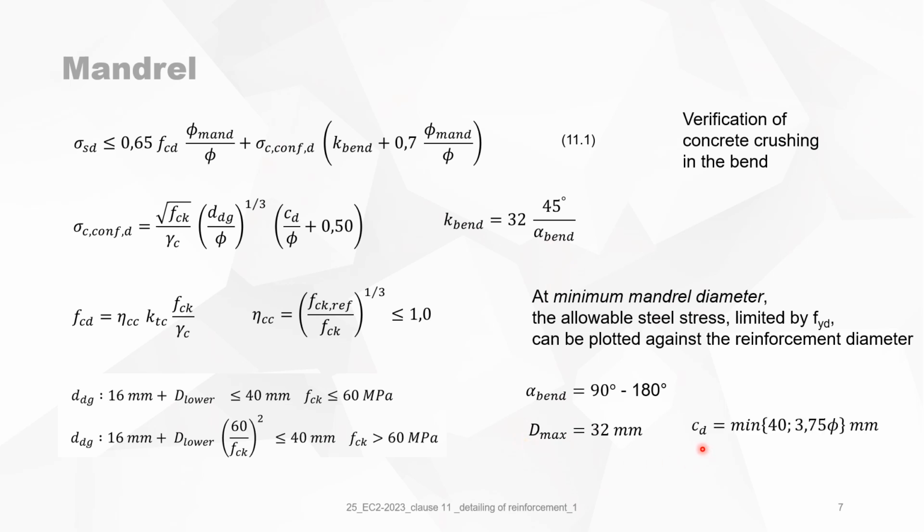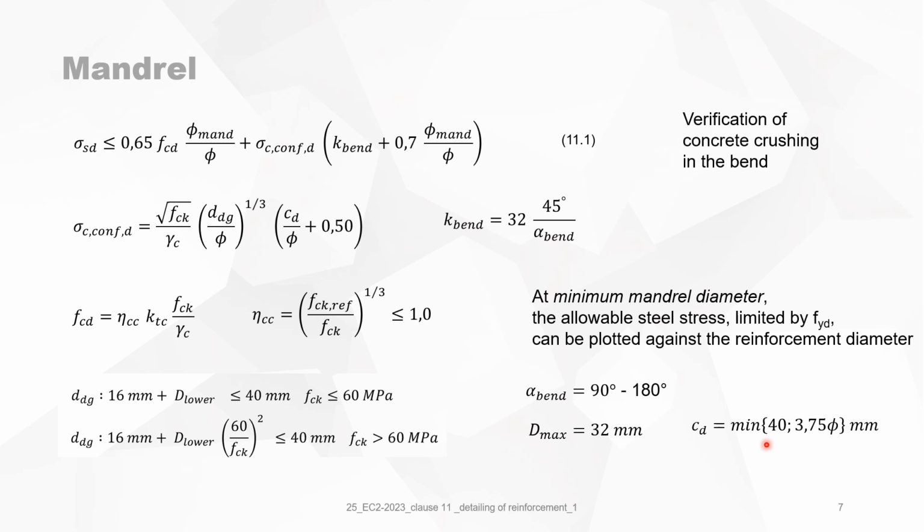And the factor CD depends on the environmental class. So you have a lot of combinations possible. But for this exercise, we will take 40 millimeters, which is equal to the C nominal plus the diameter of the stirrup. And we will take the minimum of the 40, like we have chosen, and 3.75 times the diameter.